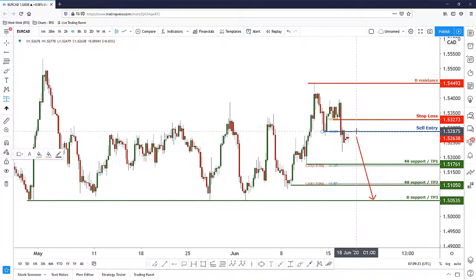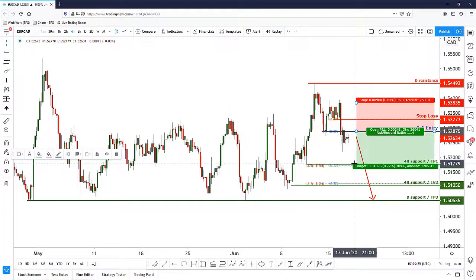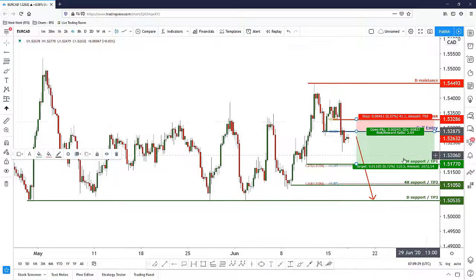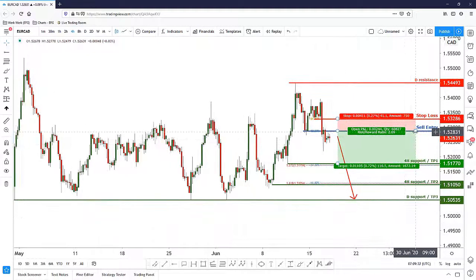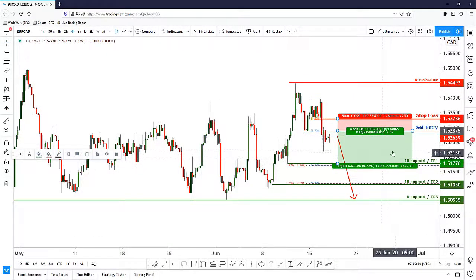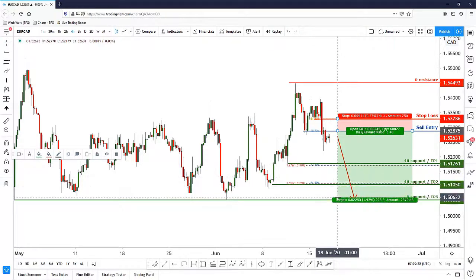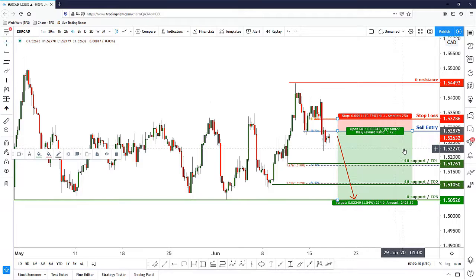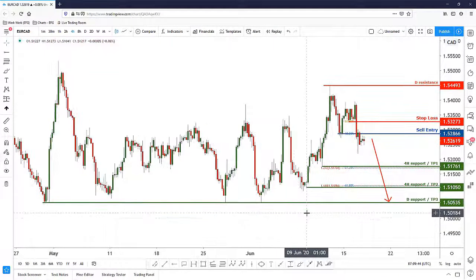My sell entry is here, my first TP is here, and my stop loss is here. The risk reward ratio is 1 to 2.7, even if you are just aiming for the first take profit. Of course, if you're playing all the way to the third take profit, then the risk reward ratio becomes 1 to 5.7.